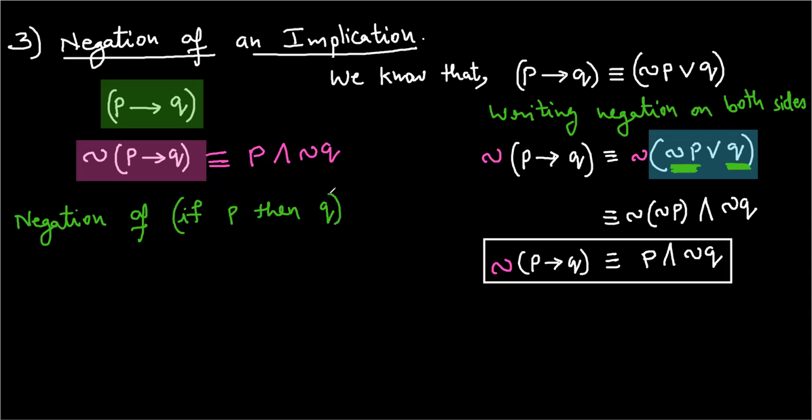Mind it students, what are you writing? Are you not writing negation of if P then Q? This is if P then Q. We have done it so many times. P implies Q is also read as if P then Q. So here see how the law goes.